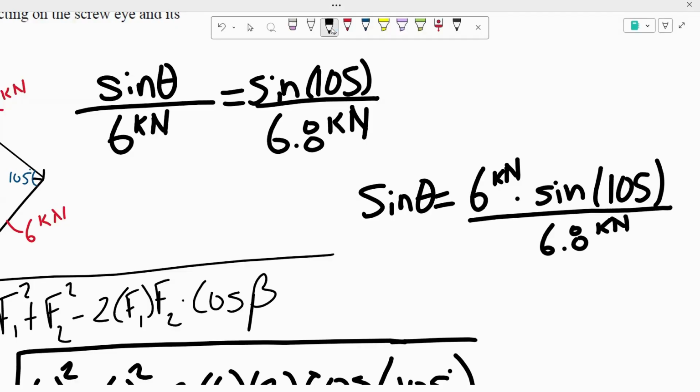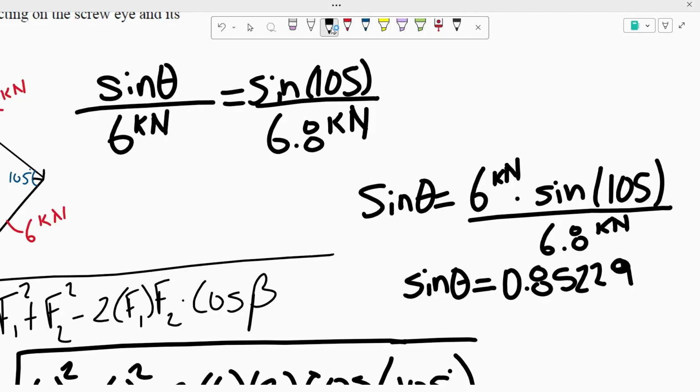We input that into our calculator, once again making sure that it's in degrees. 6 times sine of 105, divided by 6.8, giving us sine of theta equals 0.85229.